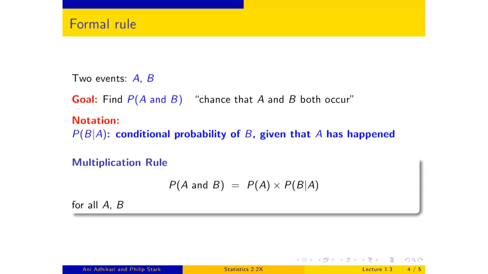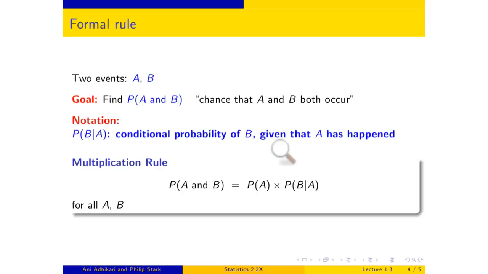Now, I know some of you are thinking this, so I'm going to say this for now, but you're going to have to hold this thought. No, it doesn't matter which you call A and which you call B. You could as well write this as P of B times the chance of A given B. Now, conditional chances are easy to write down in what I call the forwards direction. You know what's happened at the first stage, you're trying to write down the chance at the second stage, usually you can write that down.